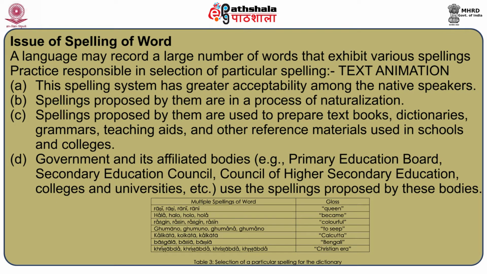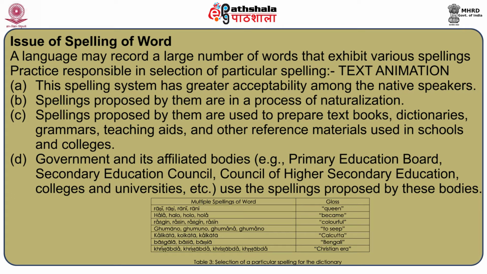Normally, the following factors become responsible in selection of particular spelling. The spelling system has greater acceptability among the native speakers. Spellings proposed by them are in the process of naturalization.